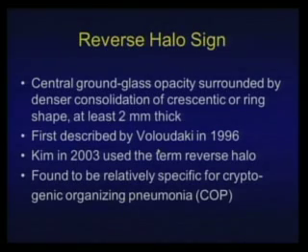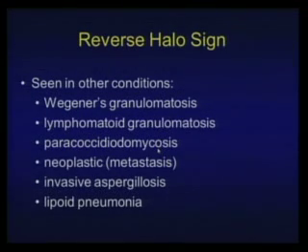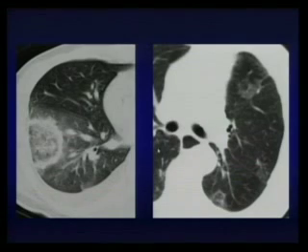And that was described in 1996 to be specific of cryptogenic organizing pneumonia. You can see it in organizing pneumonia, but you can see it in many other cases. You can see it in Wegener granulomatosis, paracoccidioidomycosis, lipoid pneumonia, invasive aspergillosis. And here there are two different examples.